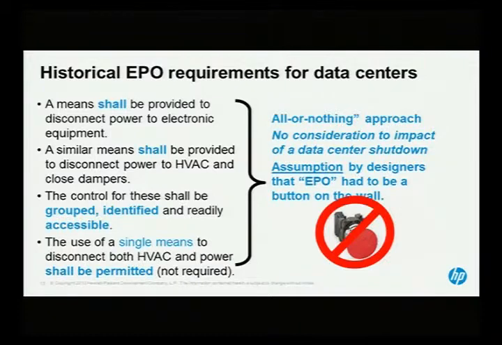The control for these shall be grouped, identified, and accessible. The use of a single means to disconnect both HVAC and power shall be permitted, but it's not required. How many of you think that an EPO button is a requirement for a data center? Most people do, most designers do, but that's not the case.